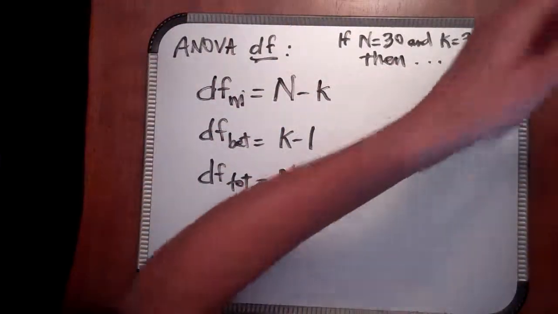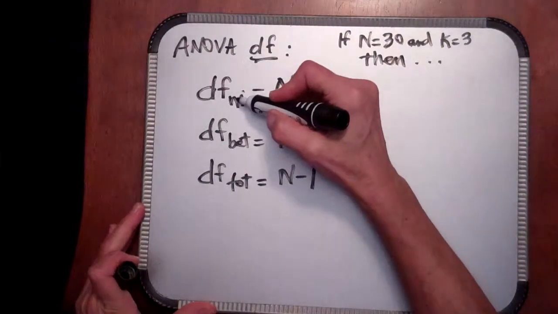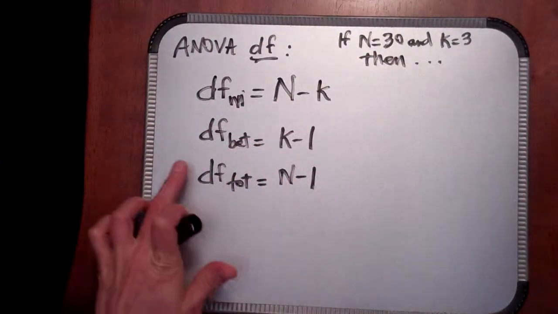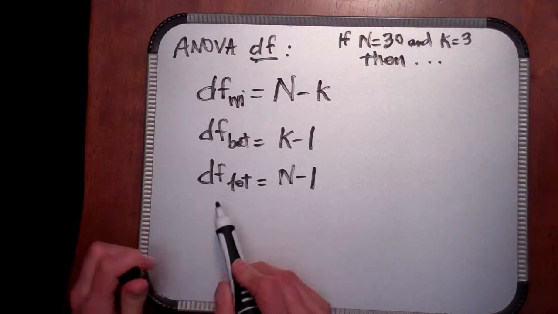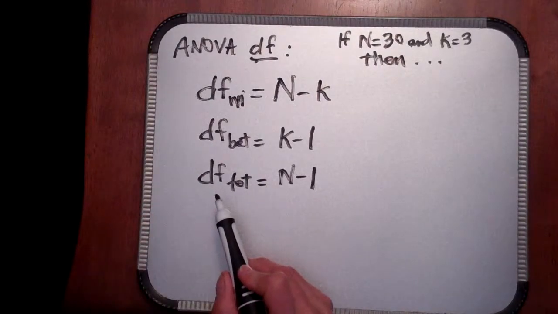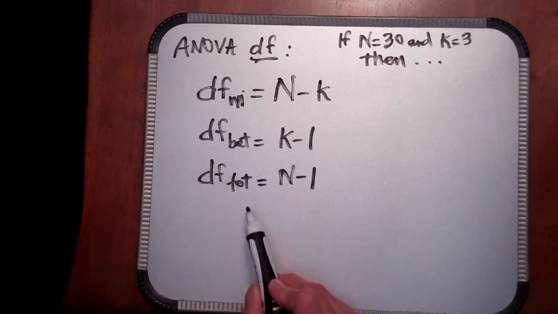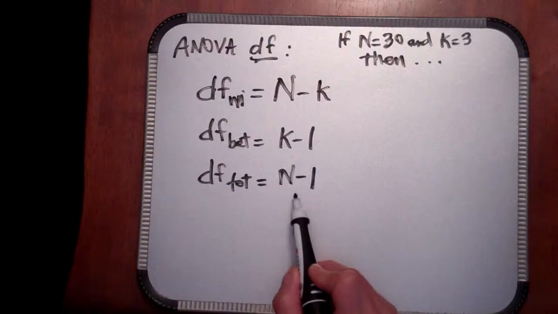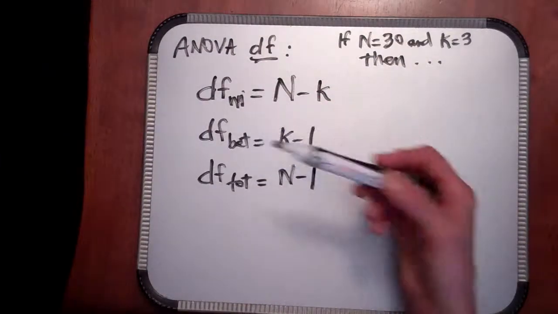But now, we have to distinguish between the degrees of freedom within, which is abbreviated WI, versus degrees of freedom between. And for a different step in the process of calculating the ANOVA, you will need to know degrees of freedom total. Calculating this separately from these is also a very good check to make sure that you've calculated these correctly.